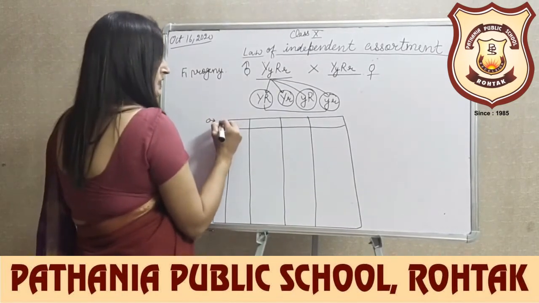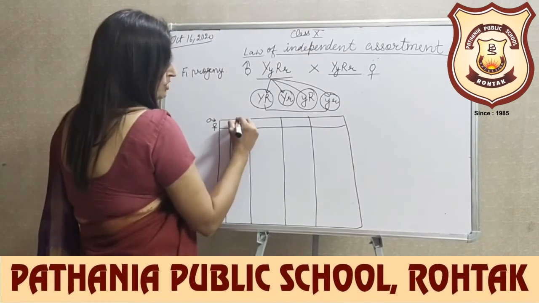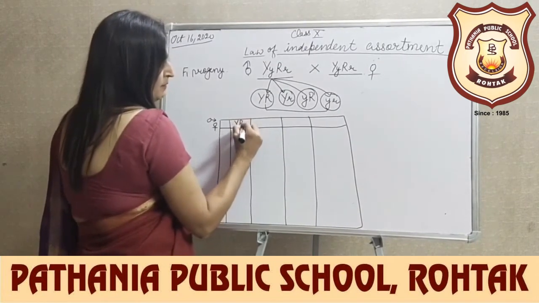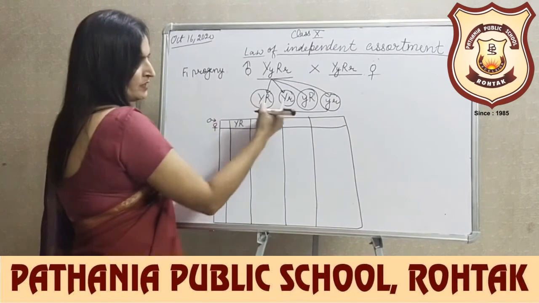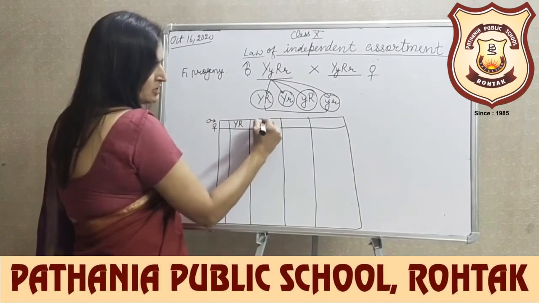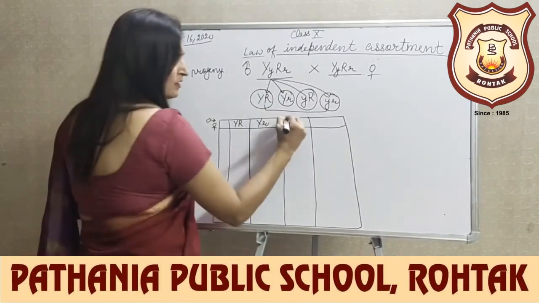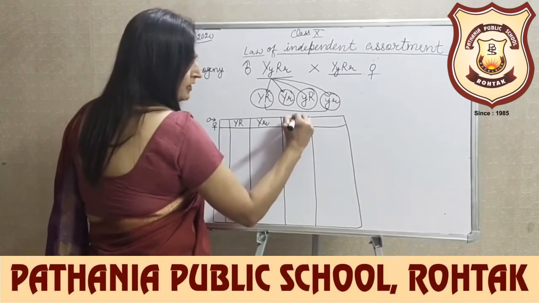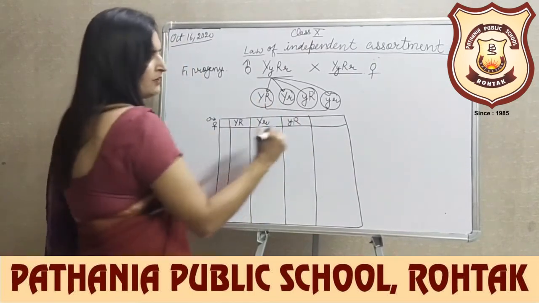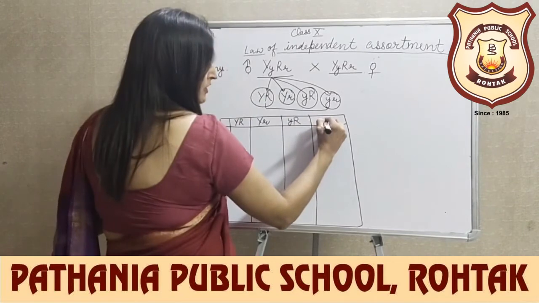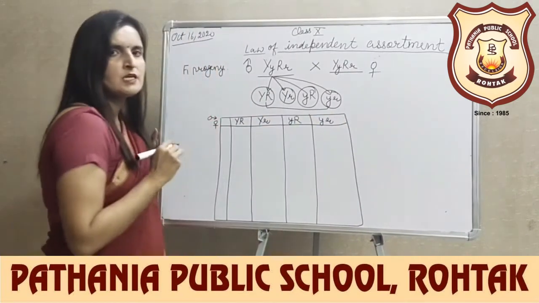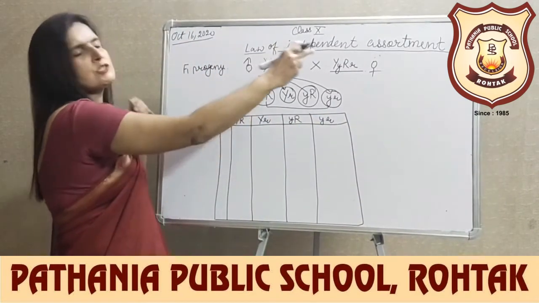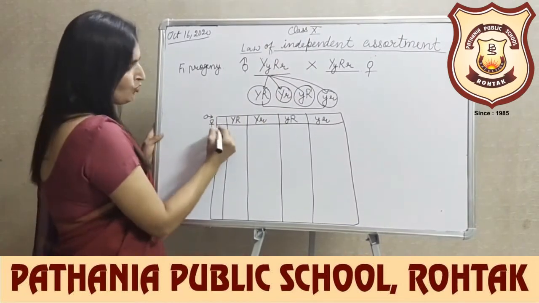In the male gametes, the combinations could be capital Y, capital R; capital Y, small r; small y, capital R; and small y, small r. The same type of combinations will be in the ovules.